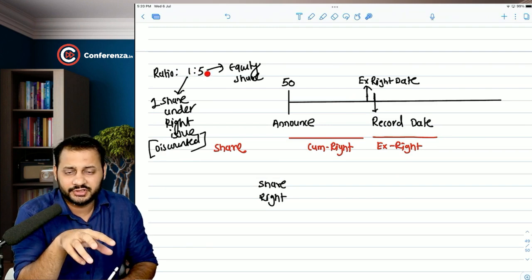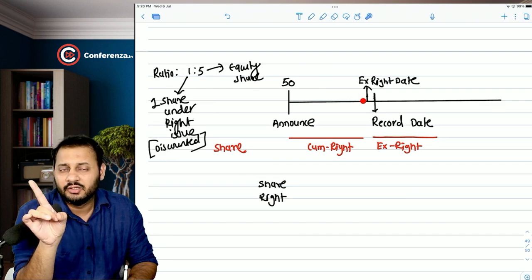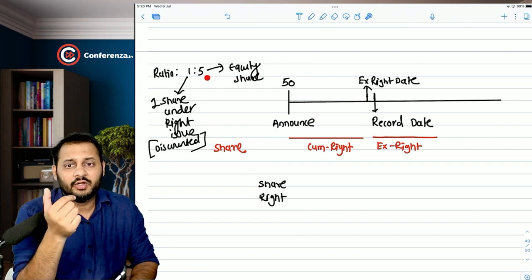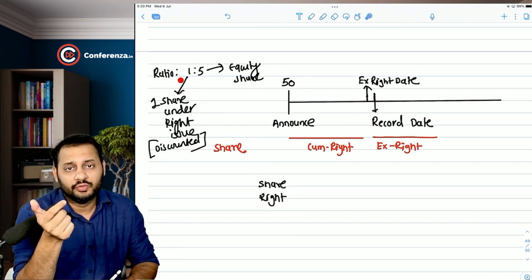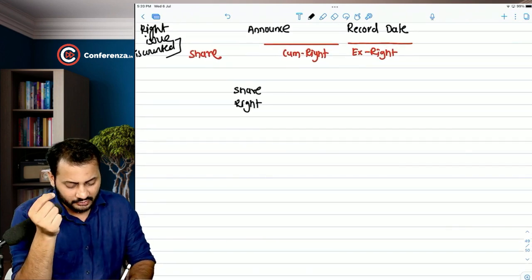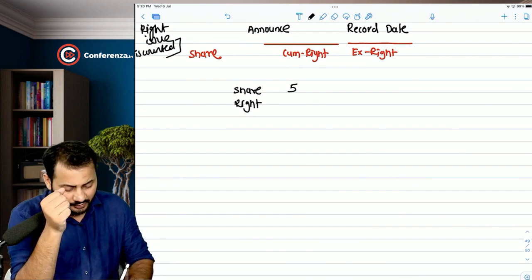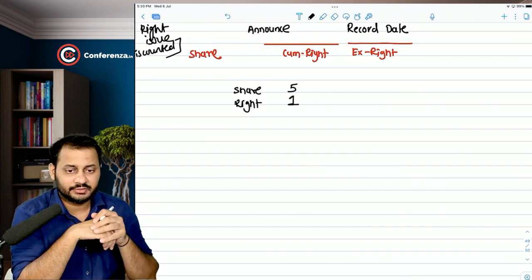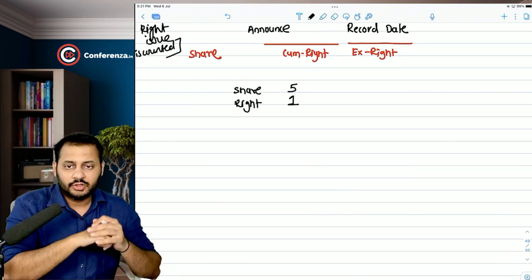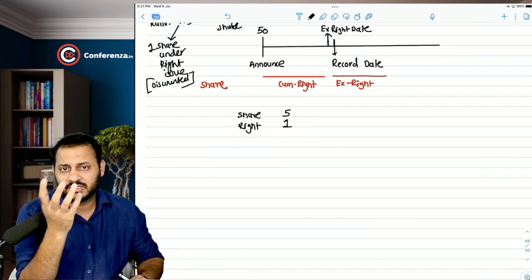If you have 5 equity shares of the company till this point, you will get 1 share at a discounted rate. You will have to pay for it, but a lesser amount. If you have 10 shares, you will get 2 shares at a discounted price. So if you buy 5 shares on this date, the cum-right date, you will be entitled to purchase 1 share at a discounted price, that is 40 rupees.